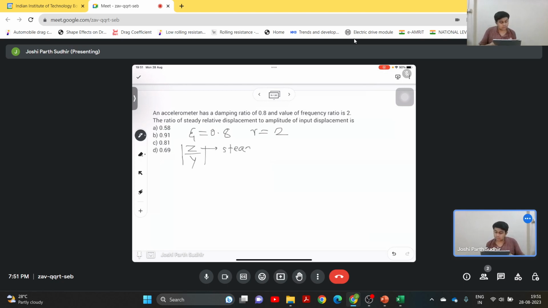Z is basically the steady state relative displacement, whereas Y represents the amplitude of input displacement, or amplitude of vibrations of the actual vibrating surface.